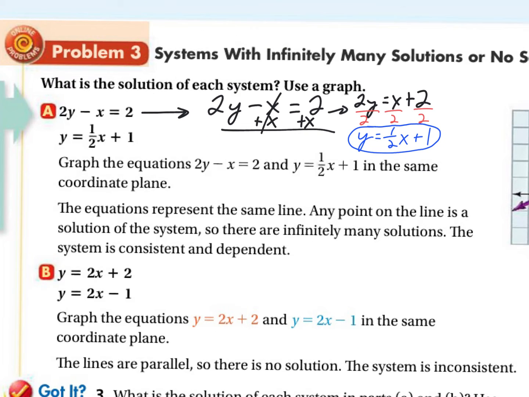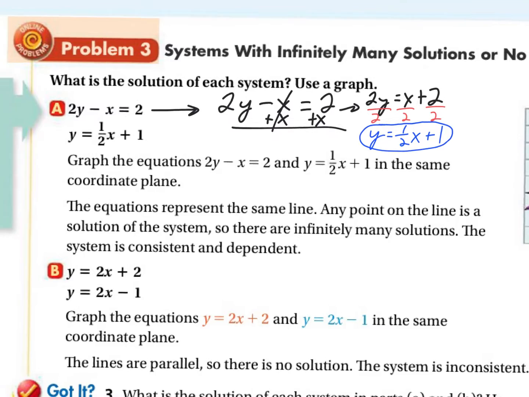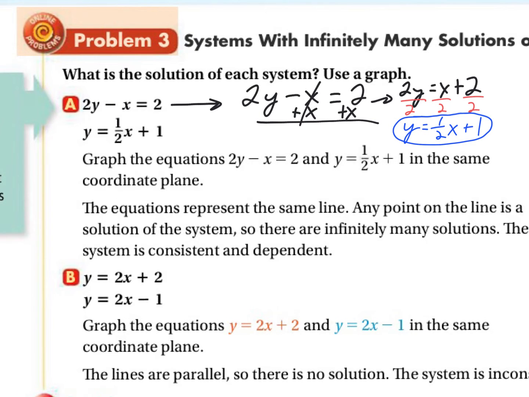Now, an interesting thing you might notice at that point is that our second equation is y equals 1/2 x plus 1. So it's kind of like in a code to start out with, where you don't necessarily see that they're the same. And then it's kind of like we transform this equation into that slope-intercept form, and now we can see, oh, they're really the same lines as each other.